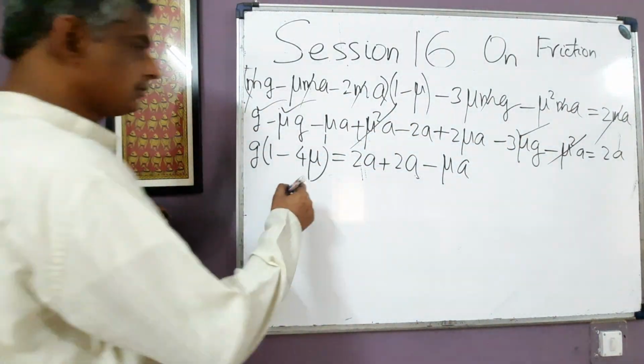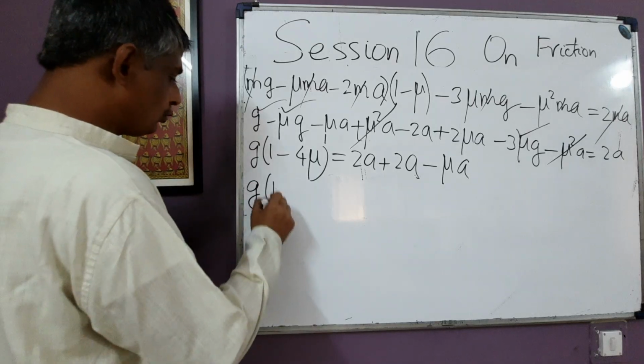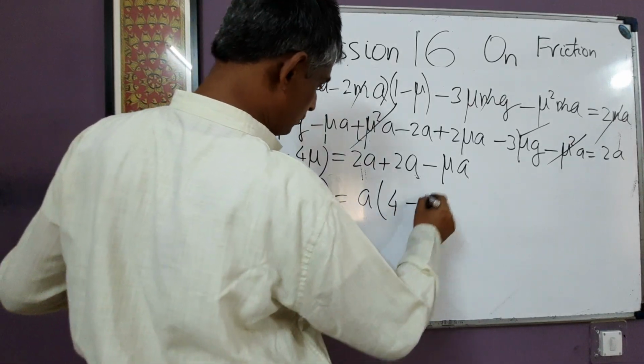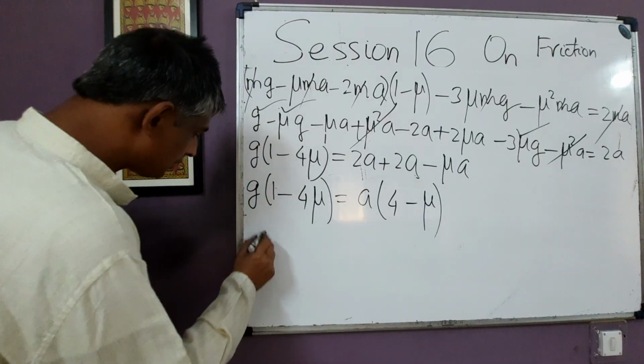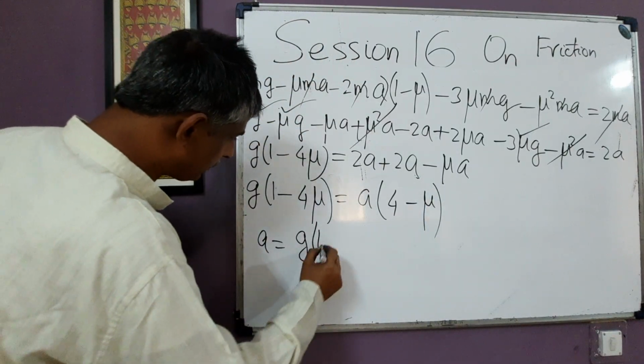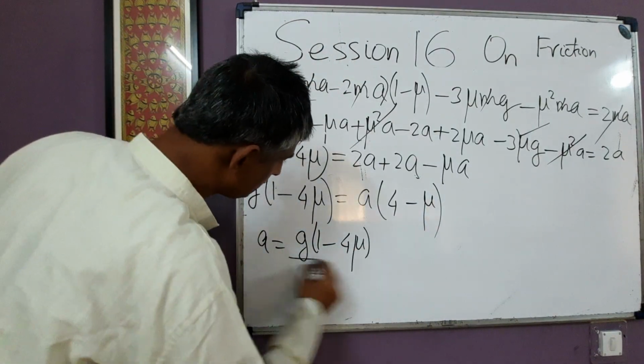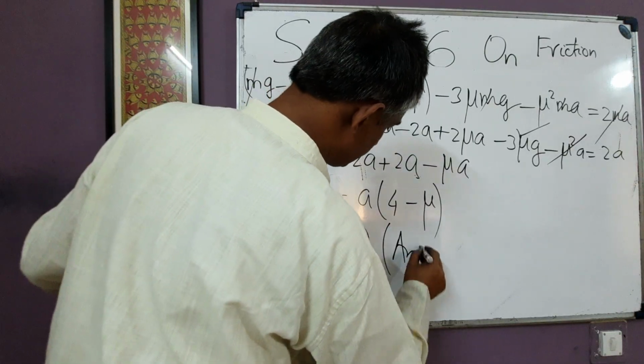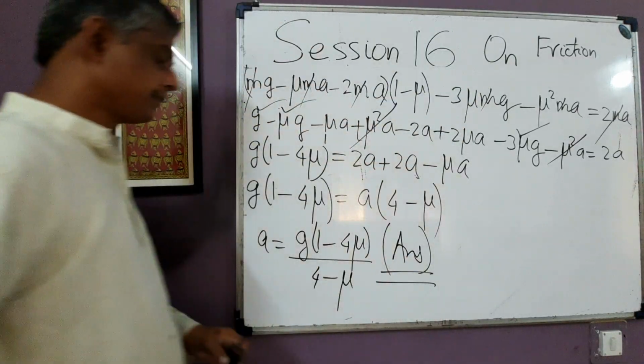So what do we get here? g into 1 minus 4 mu equals A into 4 minus mu. So A becomes g into 1 minus 4 mu by 4 minus mu, which is therefore the required answer to this problem.